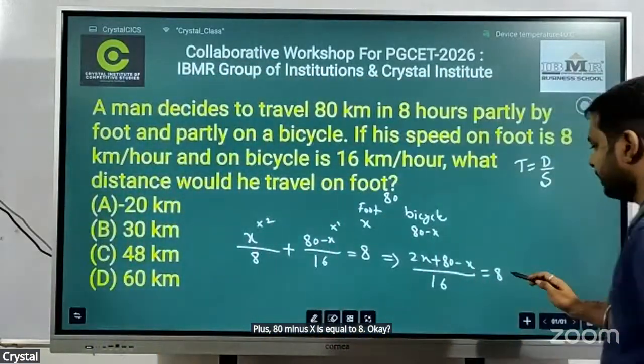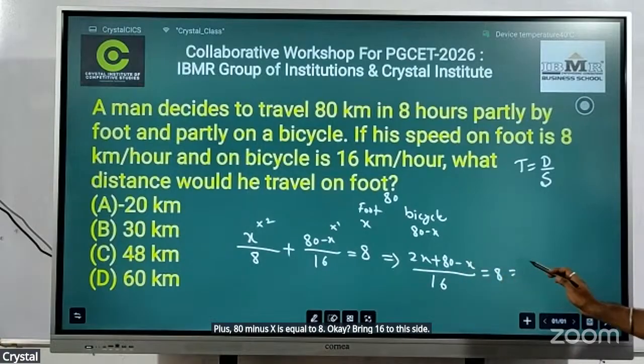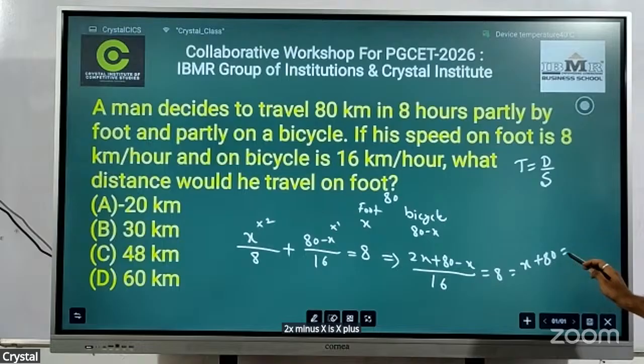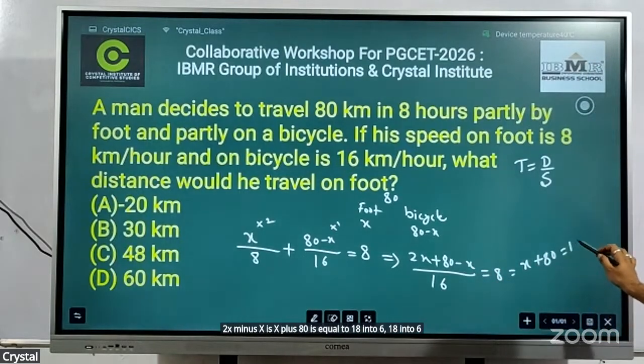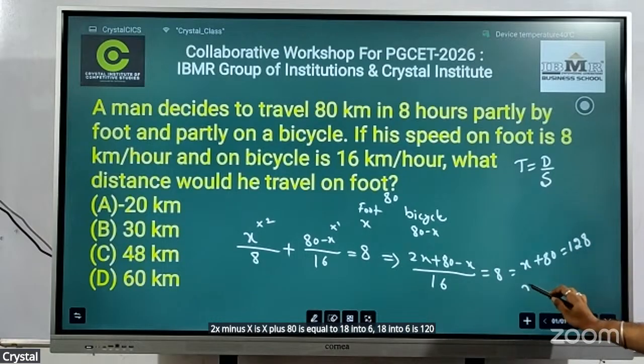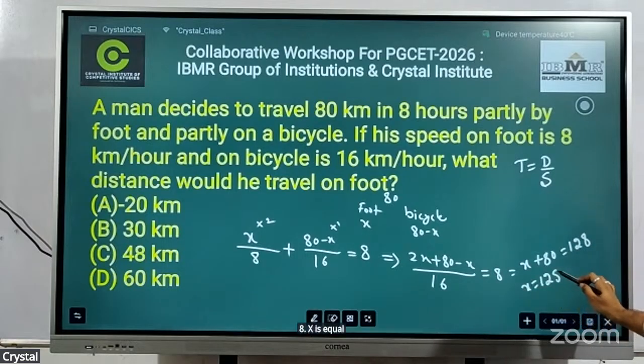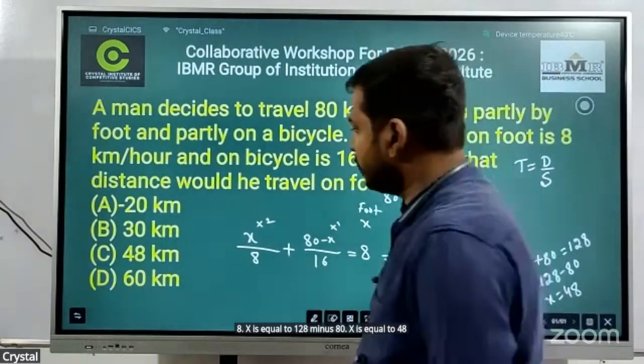Bring 16 to this side. 2x minus x is x, plus 80 is equal to 8 into 16, which is 128. X is equal to 128 minus 80. X is equal to 48.